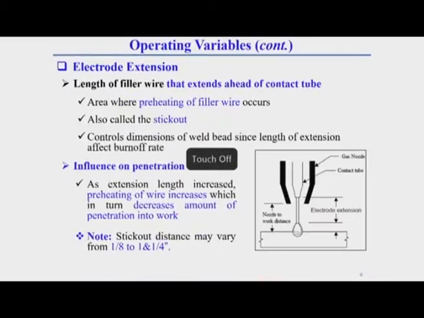Now, electrode extension, this also we know. Electrode extension is measured from the contact tube tip to the arc position. Whatever the electrode wire or filler wire that is extended ahead of the contact tube to the arc position, you can say it is an electrode because it is carrying current, as well as melting and depositing, and it also acts as a filler wire.